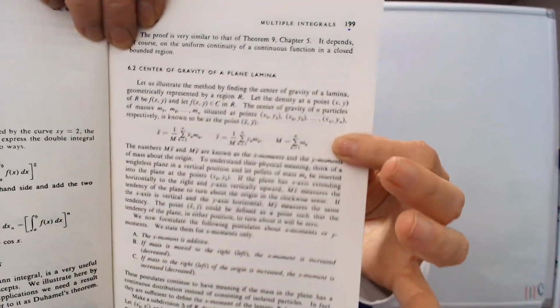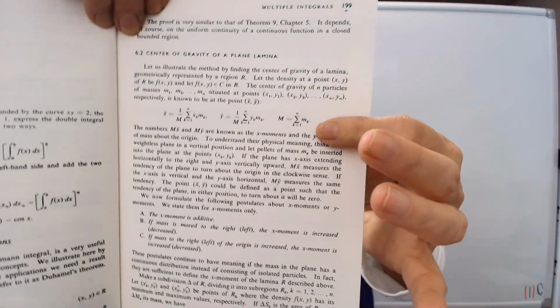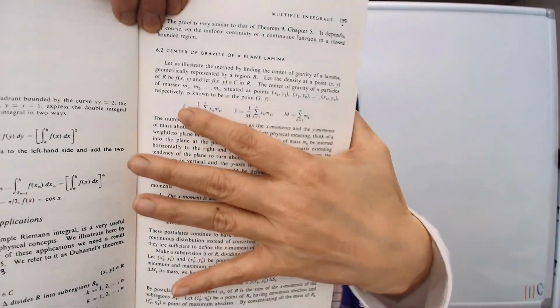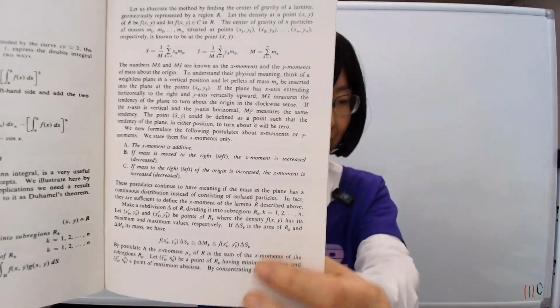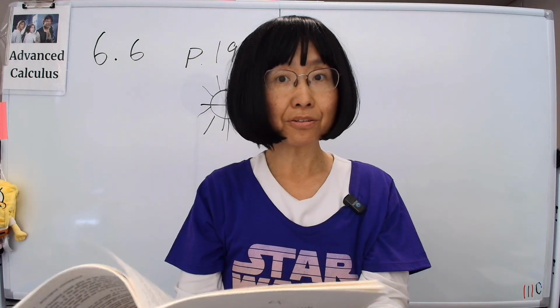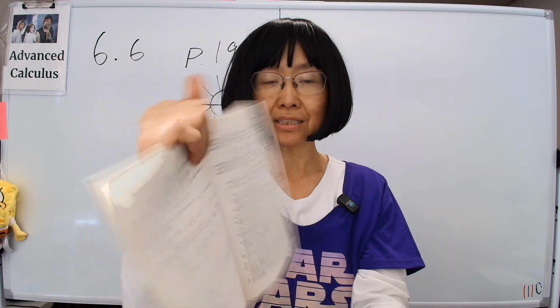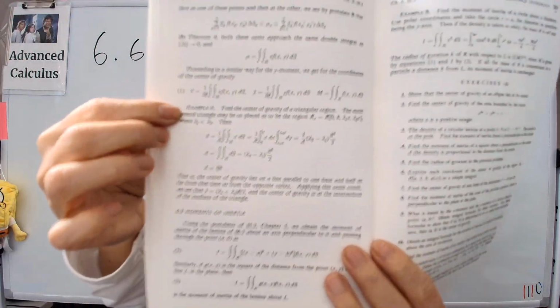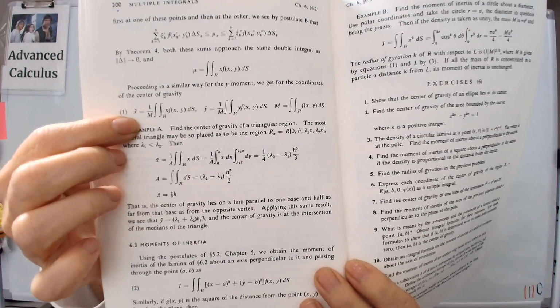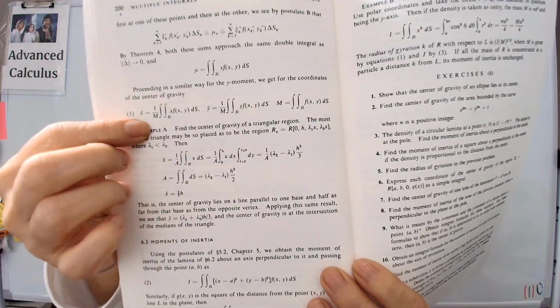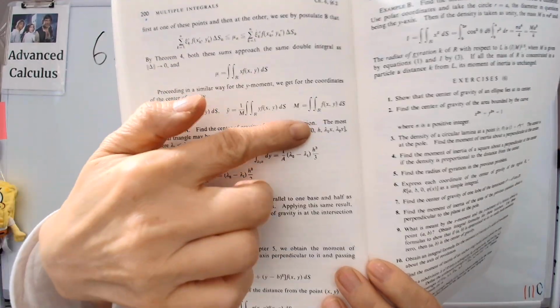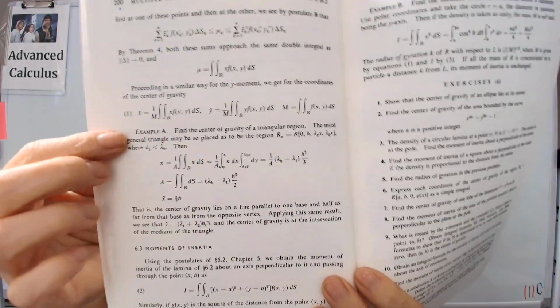But anyway, when you sum, you might remember this from physics. The center of gravity is defined this way for discrete particles as well as for continuous sheets. For continuous sheets, you turn it into a limiting integral situation, but it's the same concept. X bar is this, Y bar is this, and the mass, which is the area, is the integral of F ds. F is the density function.